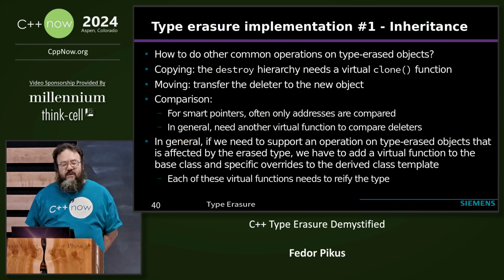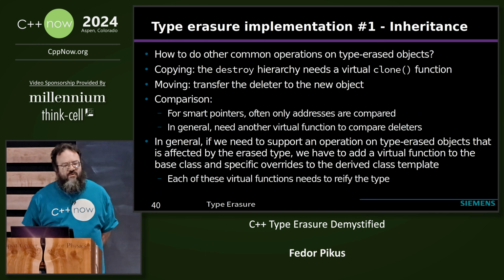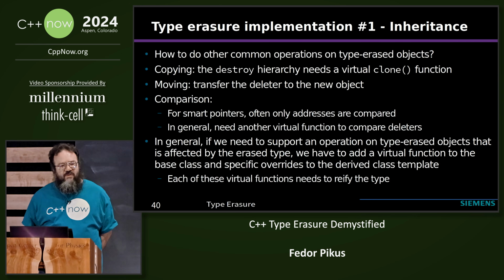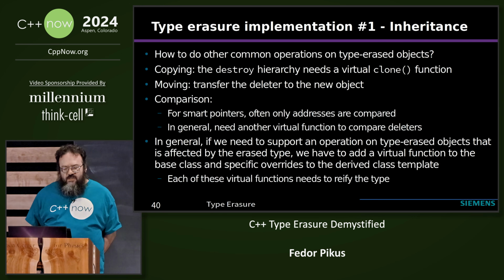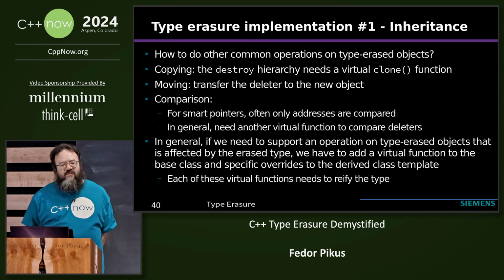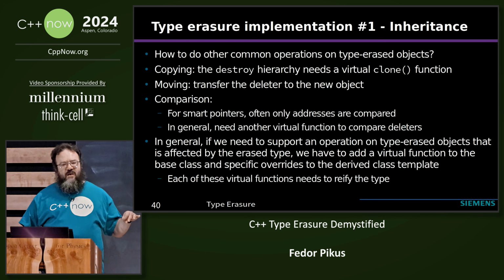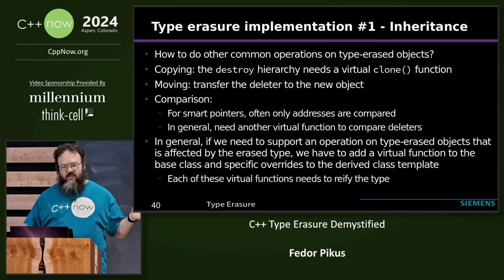Okay, we focused on the relevant properties, but we didn't actually cover all the relevant properties, because you might have to copy this entire object, including the deleter that is hidden somewhere in there. You might have to move it, you might have to compare them. So for copying, if you're using this inheritance-based implementation, you would have to give your base and derived class a virtual function to clone itself and override it to clone correctly.